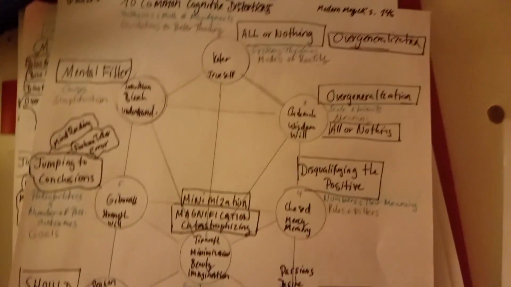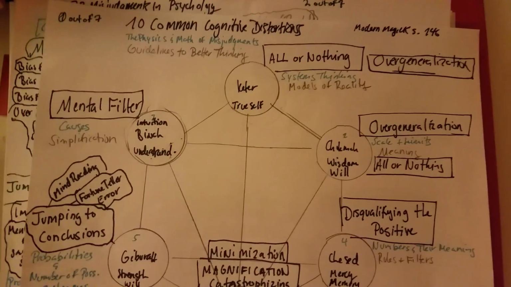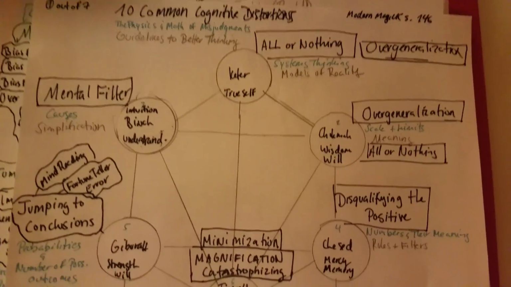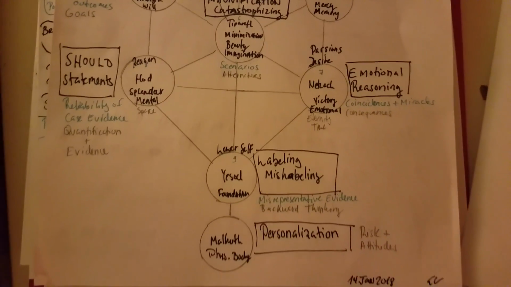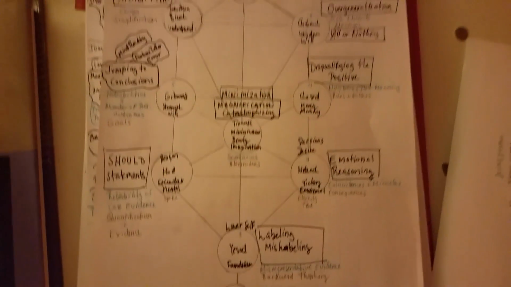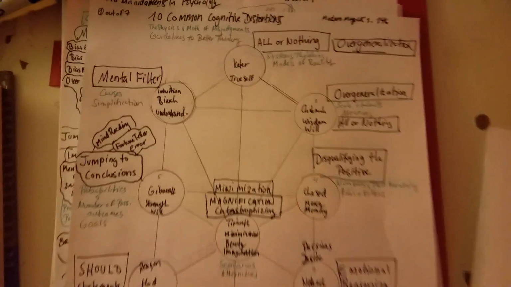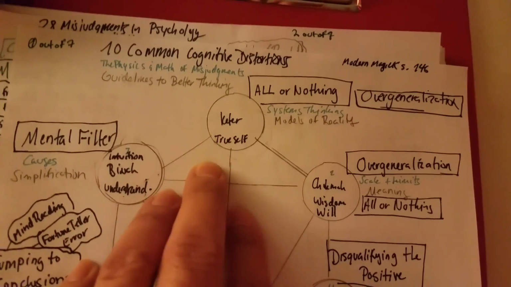So once again, what I went ahead and did was take those 10 common cognitive distortions and match them up with the 10 divine principles of the Kabbalistic tree of life, along with some other things from psychology.